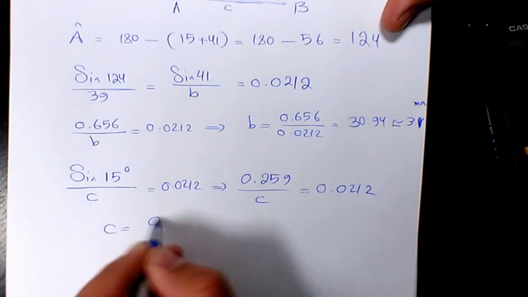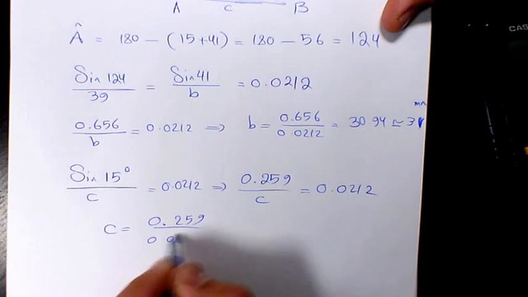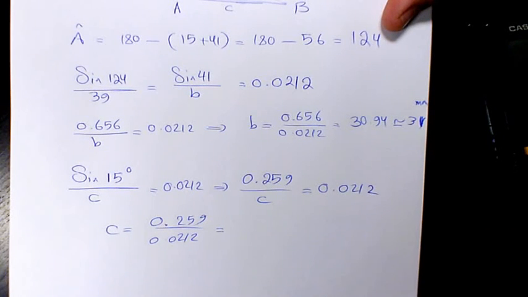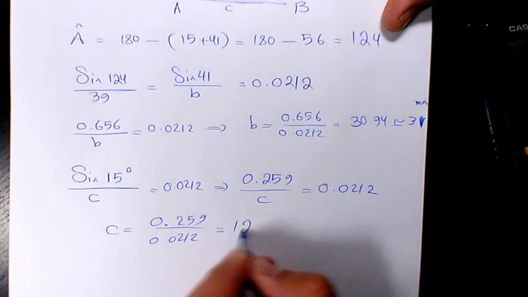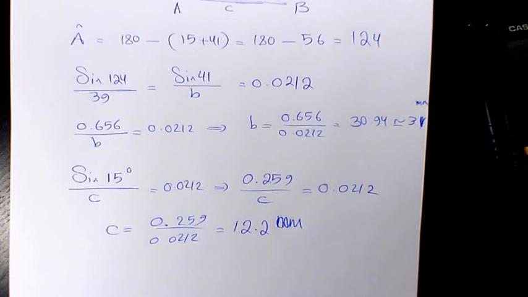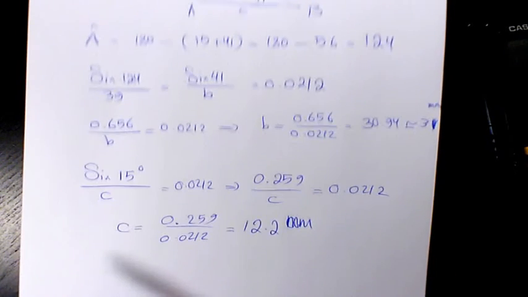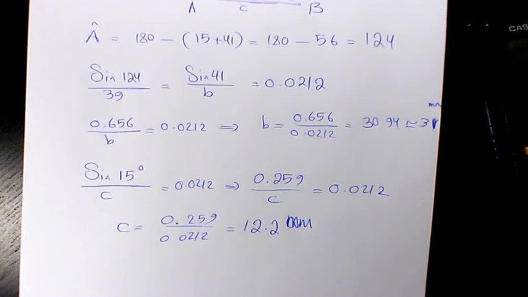So c is going to be 0.259 over 0.0212. That's going to be 12.2 millimeter. Because the rest of the sides are millimeter, so this one must be millimeter as well. Let's see the last one.